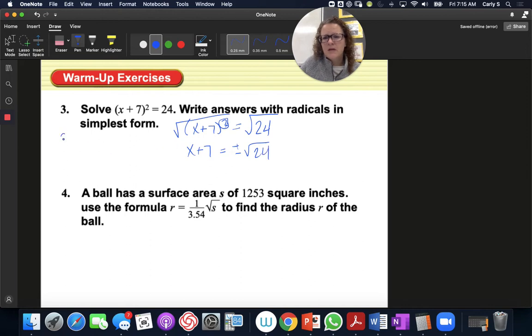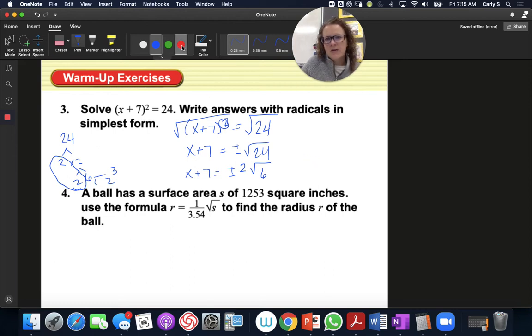Now 24 is not a perfect square, but I can simplify it. 2 times 12, 2 times 6, 2 times 3. I have a pair of 2's, so a 2 can come out, and I have a 6 left over. So x plus 7 equals plus or minus 2 root 6.